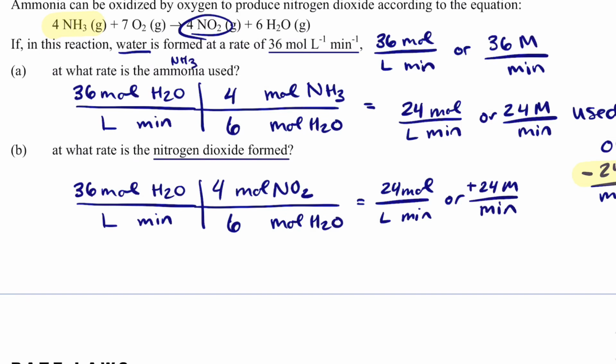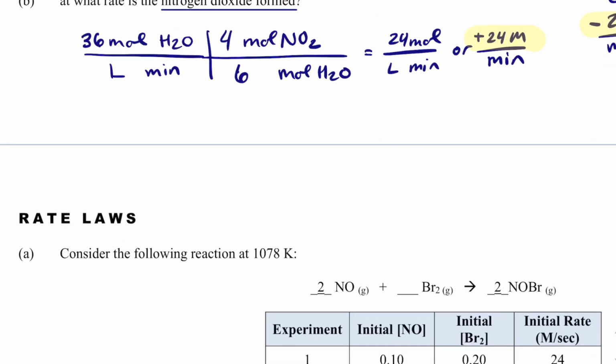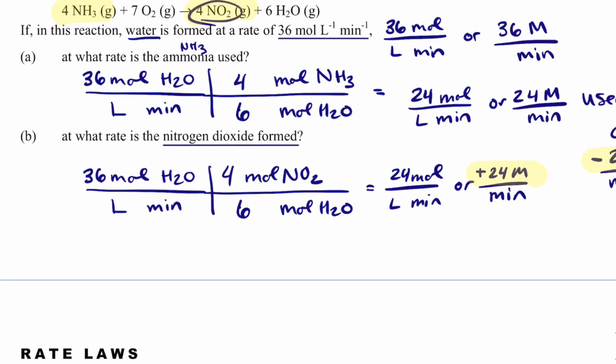This one will always be positive because it's being produced. Sometimes it might have a positive sign out in front. The positive or negative sign is just showing you what side of the reaction your compound is on.